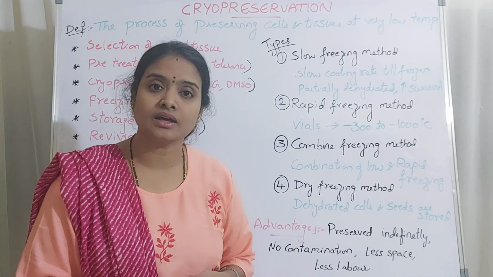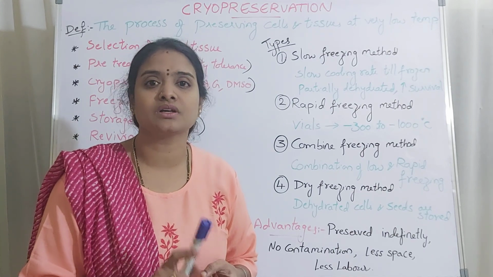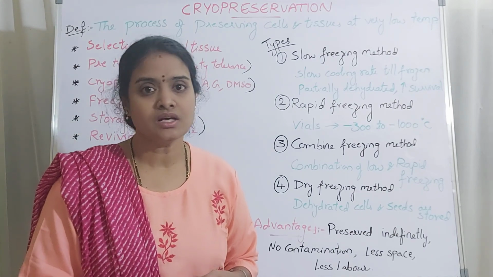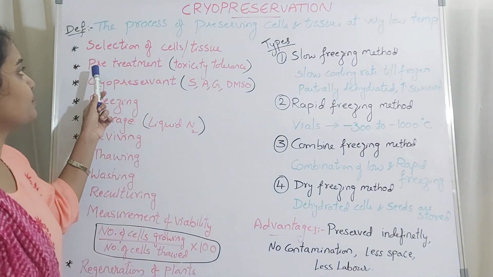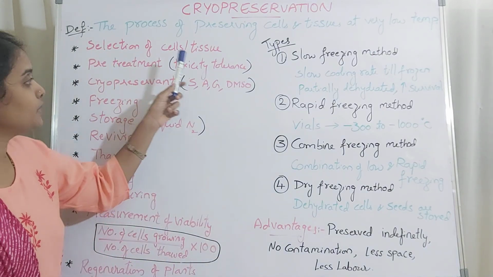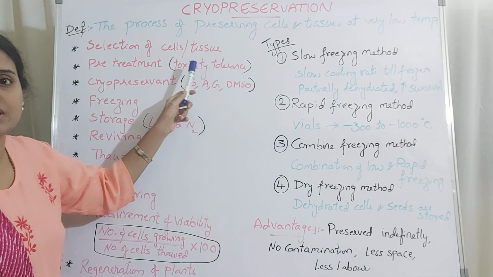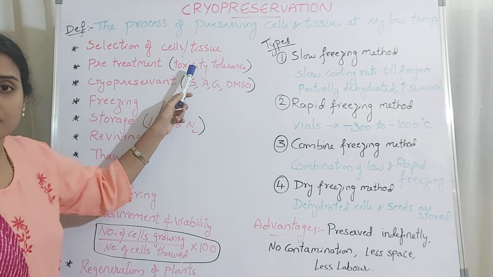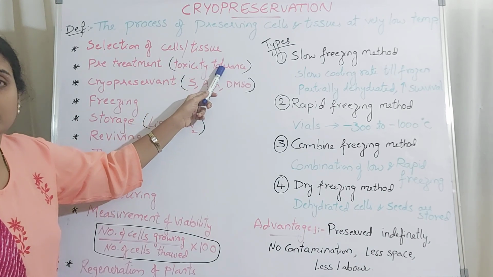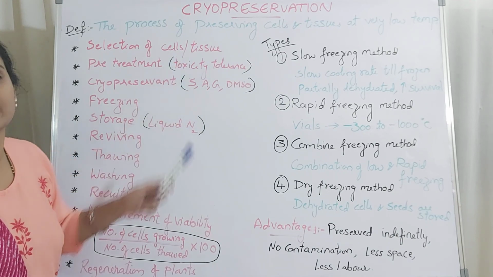So here again you have to make them cryo-tolerant, right? So first it is a pre-treatment where you are making them tolerant to the toxic preservatives, or making them tolerant to the frozen conditions.